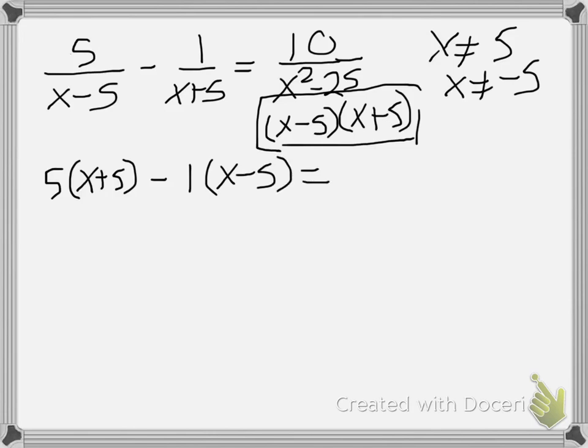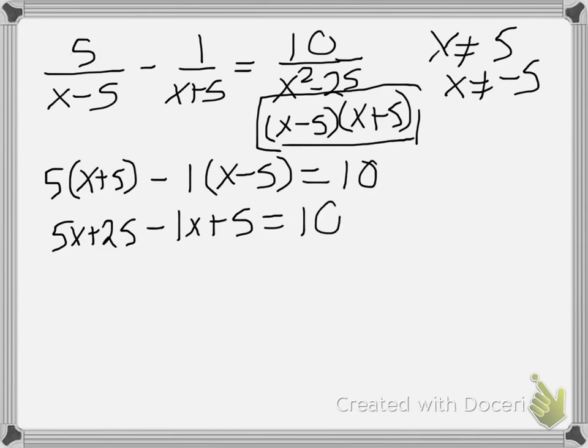And since I'm multiplying by this whole thing over here, it's just going to equal 10. So now I distribute, so I get 5x plus 25 minus 1x plus 5 is equal to 10.